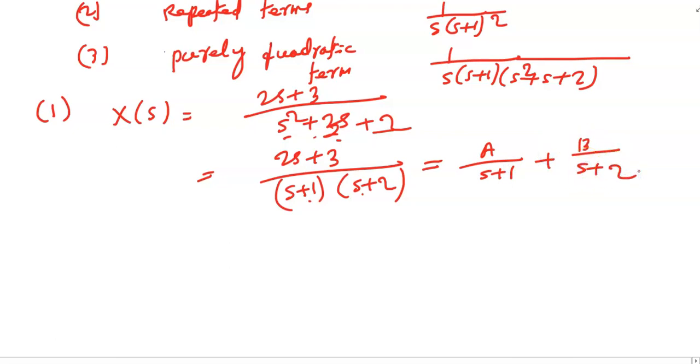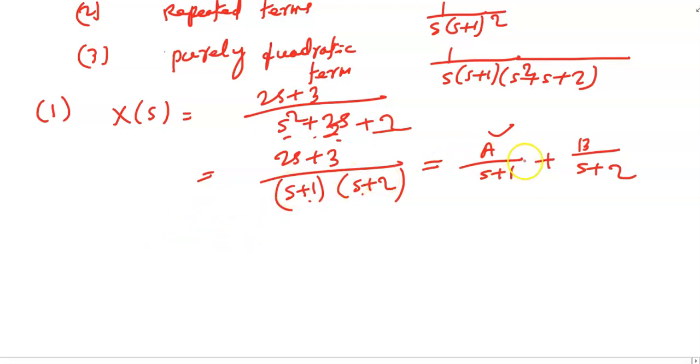Then I need to find the A. See, whenever the degree of numerator is equal to the degree of denominator, then before writing in this form, first you divide the numerator with the denominator, so that the remainder becomes at least 1 degree less than the denominator. I'll show you later on.